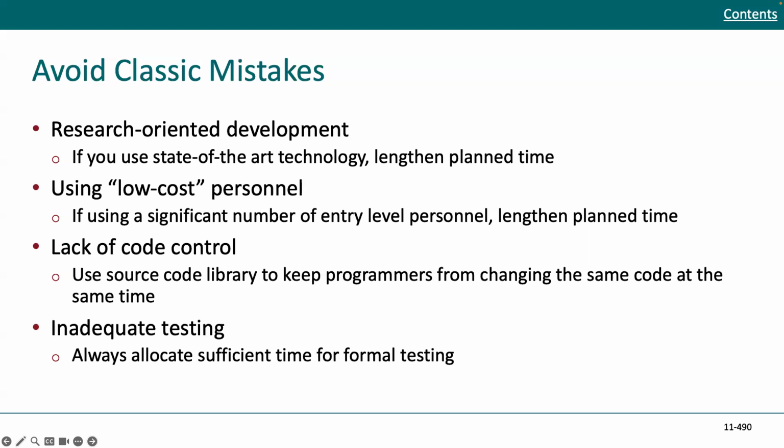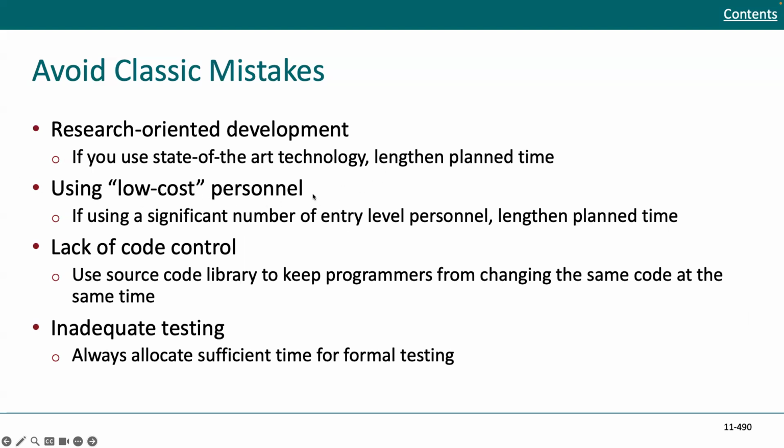What are some of the classical mistakes that you want to avoid? You want to avoid research-oriented development. If you use state-of-the-art technology, it lengthens the planned time. You want to be careful about using low-cost personnel. If using a significant number of entry-level personnel, it lengthens the planned time. So we have this dichotomy.